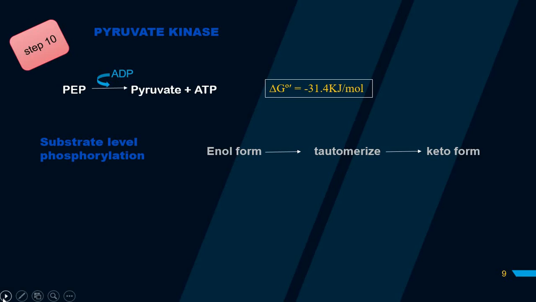Here I have mentioned the structural change. The enol form is getting converted to the keto form. So phosphoenol pyruvate in enol form is converted to the keto form, and by consuming ADP it is getting converted to pyruvate.